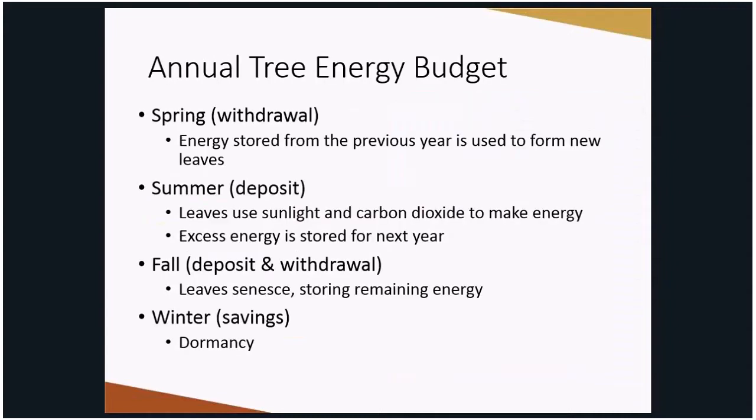So first, let's talk about the annual budget for a tree's energy use. This is always explained to me in the world of arboriculture as kind of like a bank. In the springtime, trees are withdrawing energy from that bank account to leaf out and to open up buds and to start growth for the year.